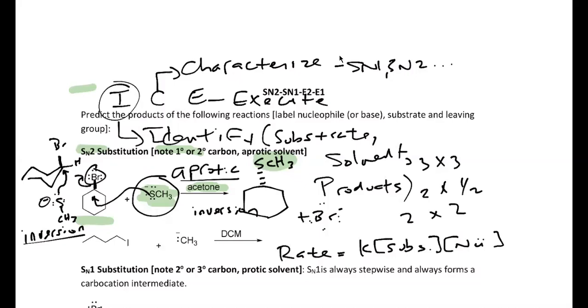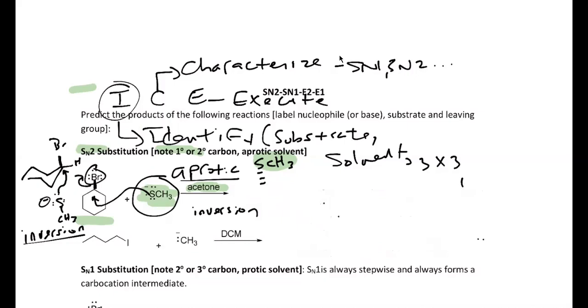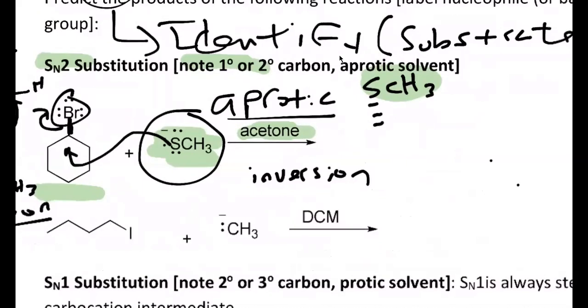So in that bottom example, let me erase this. In that bottom example, the substitution is always going to happen where your leaving group is. That's the group that's going to get substituted. So this would be my nucleophile, and this is my substrate.